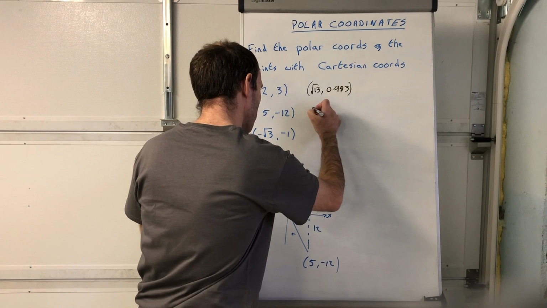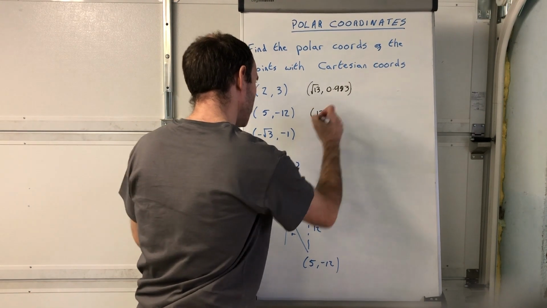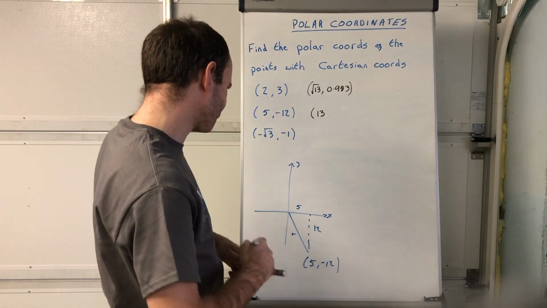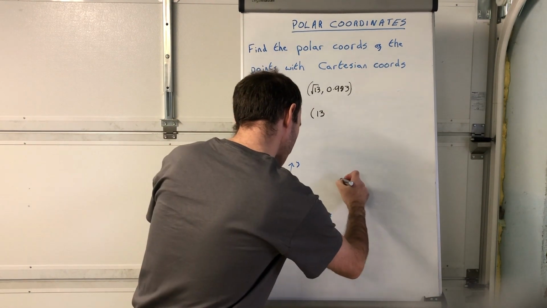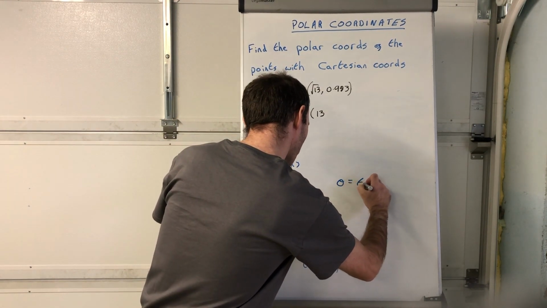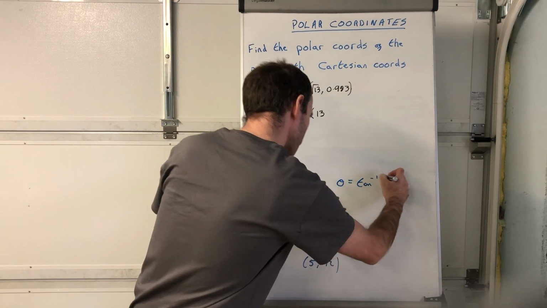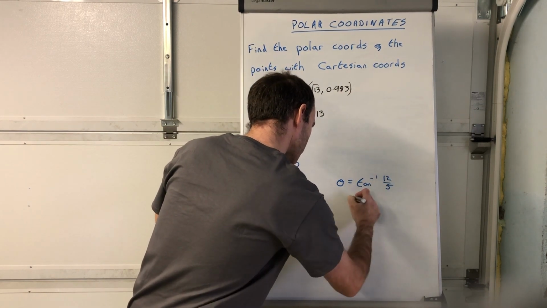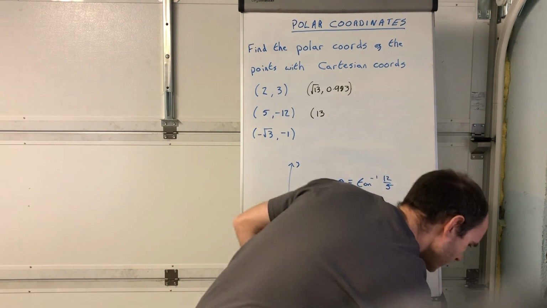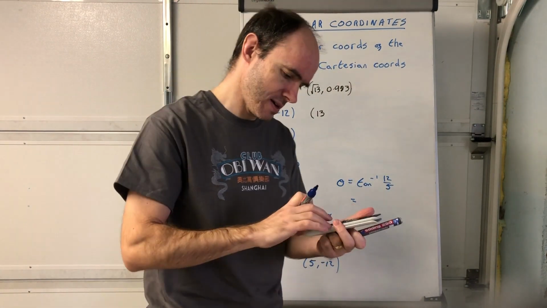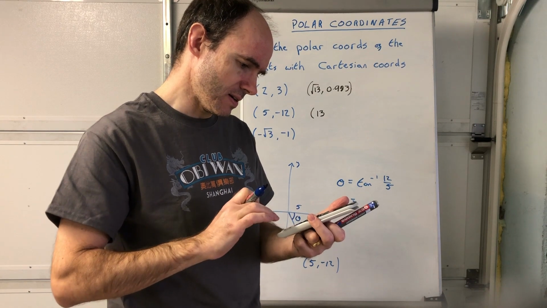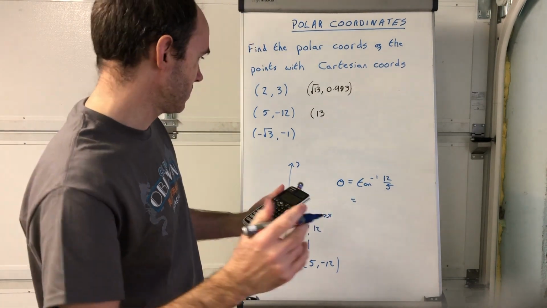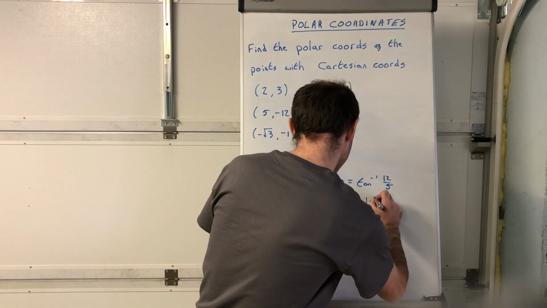So the r coordinate is going to be 13, and then for the value of theta, I'm going to work out the inverse tan of 12 over 5, and let's see what that is in radians. Again, inverse tan of 12 over 5 is 1.176. There we go, 1.17.